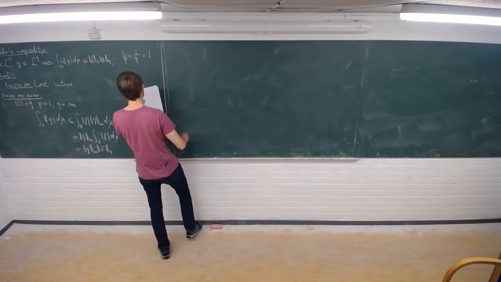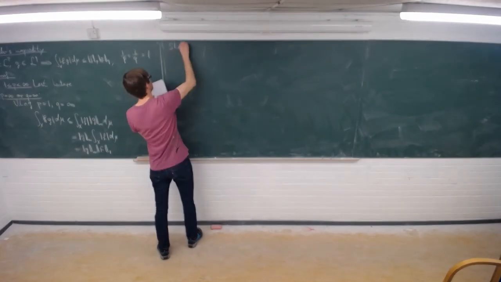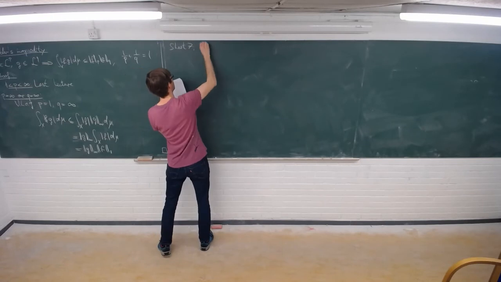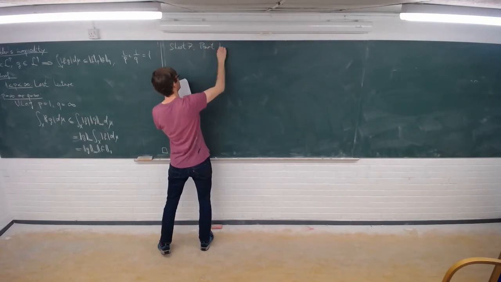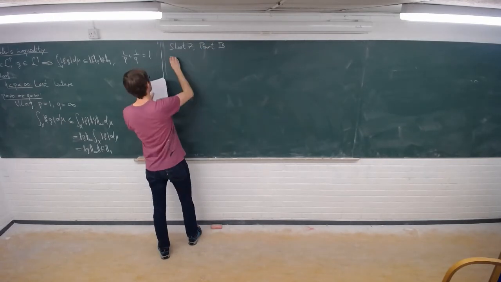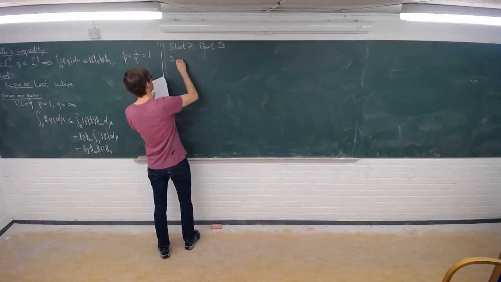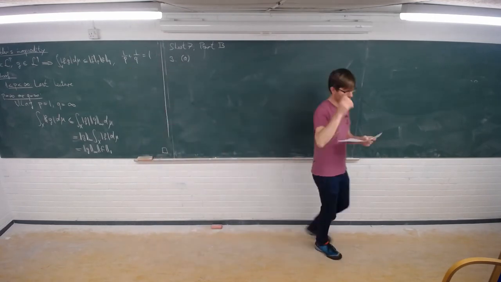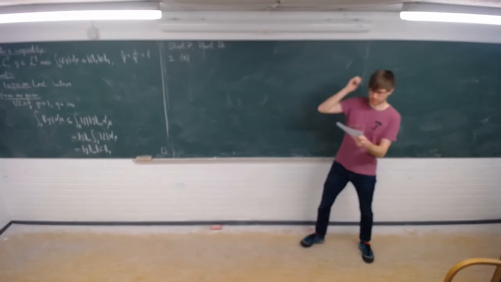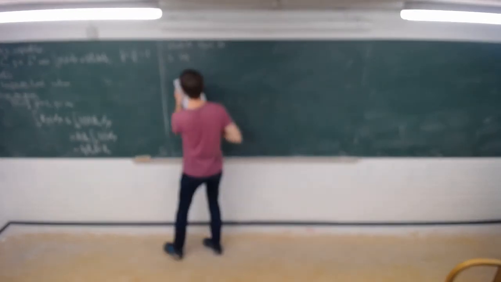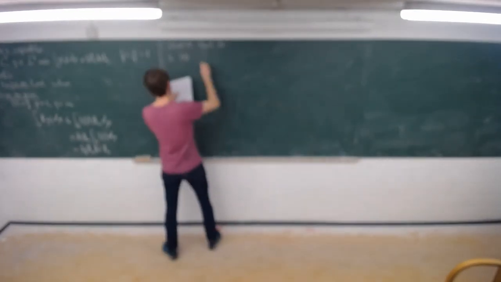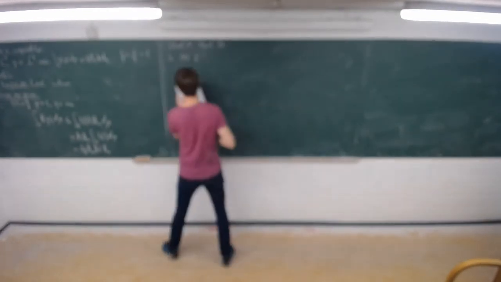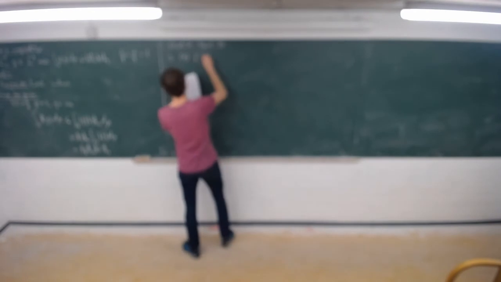And one thing I want to do is the third exercise, because I think the point that this exercise makes is important to remember. So I'll write down the exercise first.